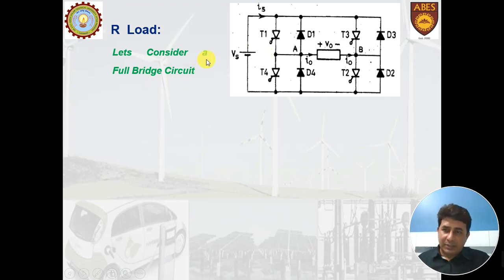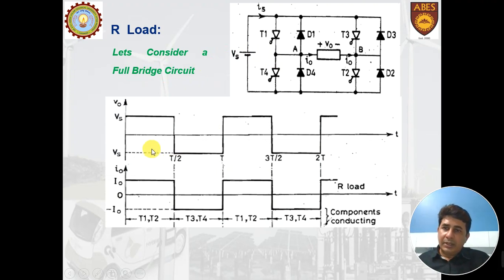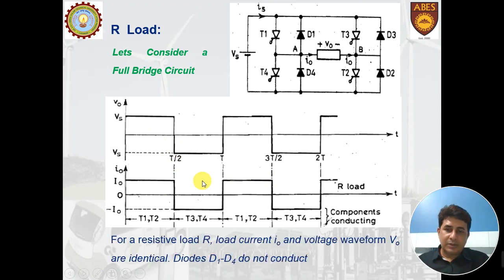Now here in R load, if this is the voltage, the current will follow the same waveform because the load is resistive. In resistive load, the voltage and the current waveforms are the same. For resistive load, current I0 and voltage waveform are identical and we do not require the diodes.